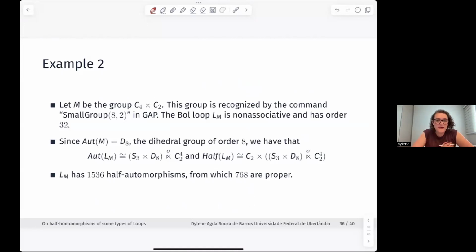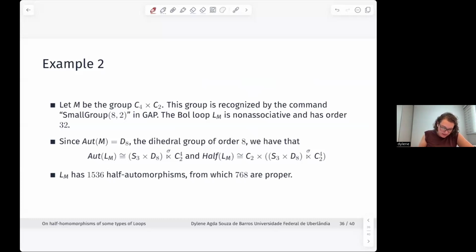Another example is when we take M, the abelian group C4 times C2, which is a small group in GAP. So Lm is a non-associative, non-Moufang Bol loop of order 32. And Out M is D8, and then we have this count.